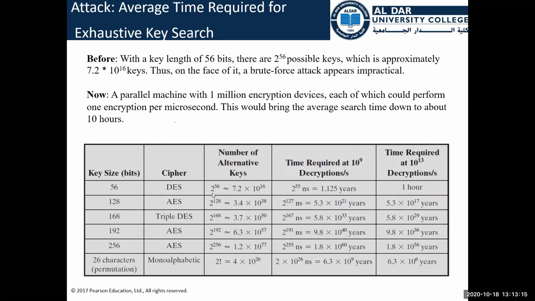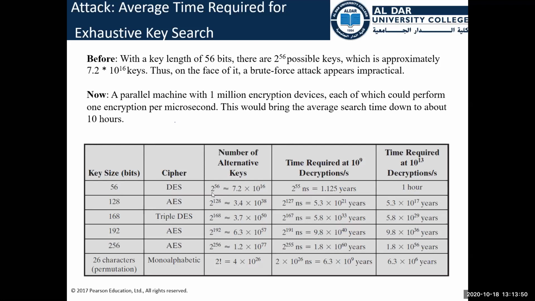We try all the 2 to the power 56 keys until we get a plain text or clean text. So now we can break the cipher in just 1 hour, just using our modern computers. But before, they needed 1.1 years to try all possible keys.